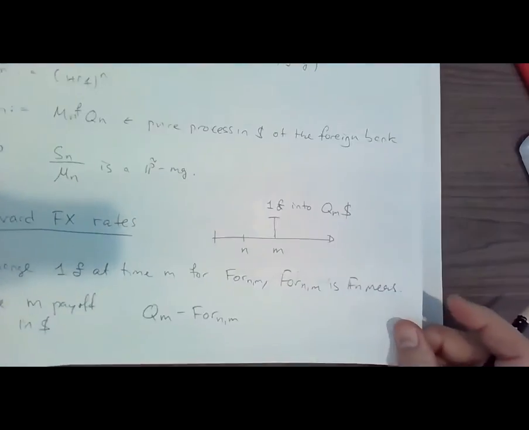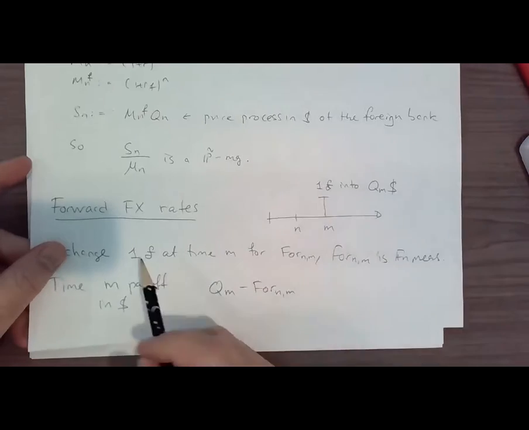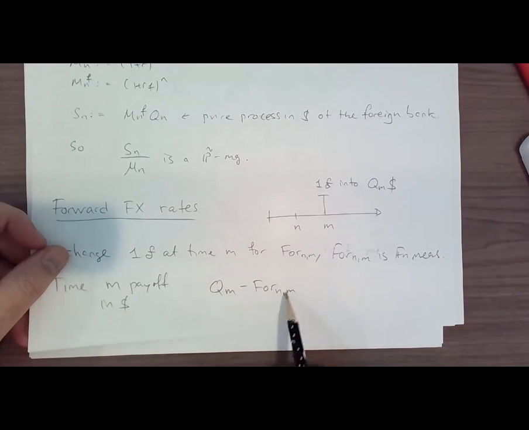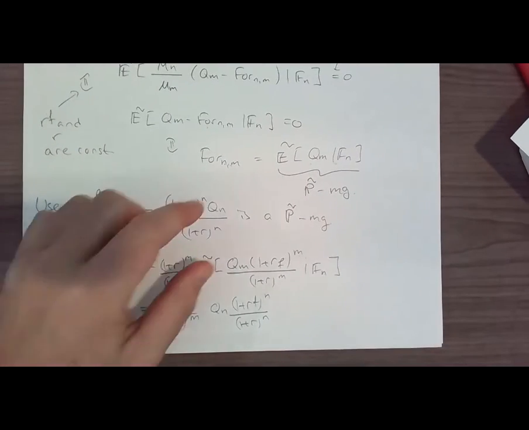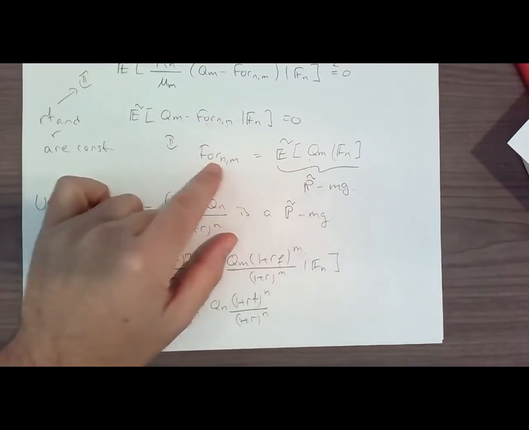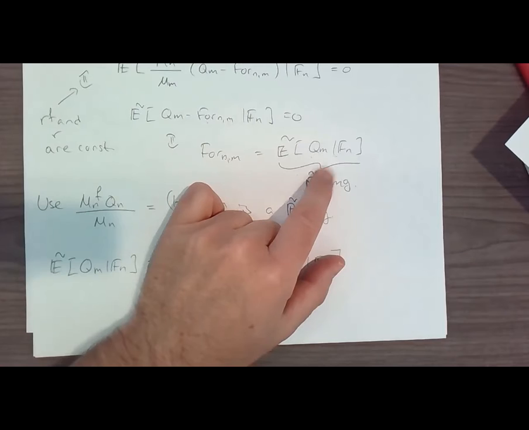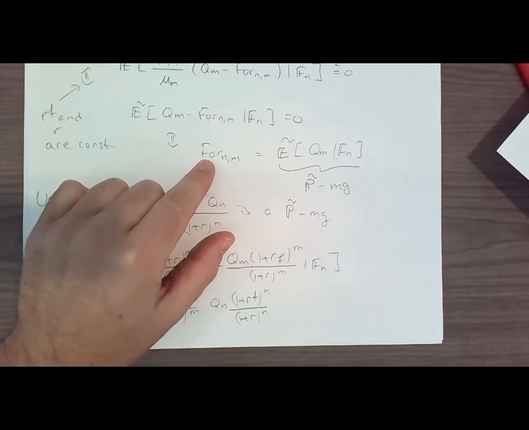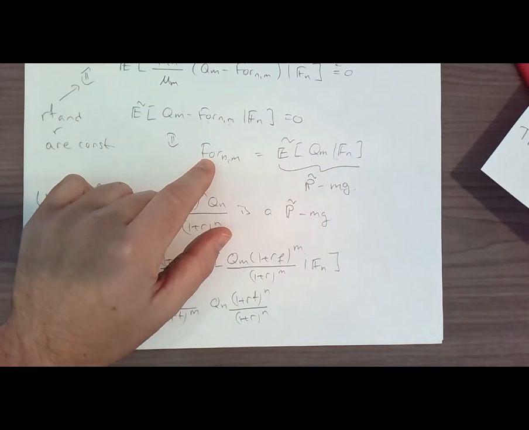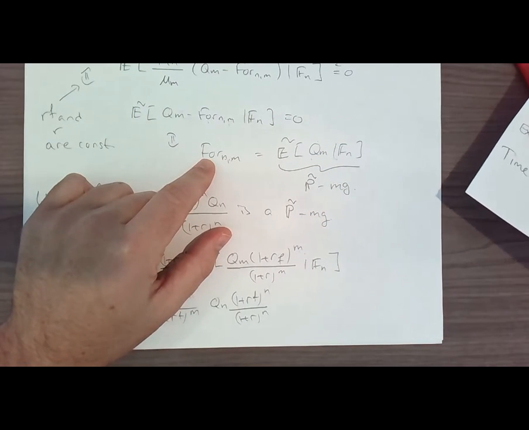What we just proved, we just worked with these foreign exchange rates, right? So this 4 here, this is that F in the problem. And what we showed here was that we have a martingale property. This here is a martingale. So this F_n process that's given in the problem has to be a martingale.